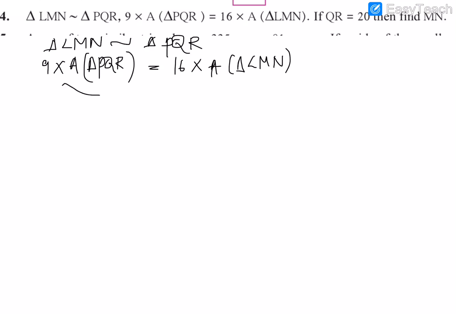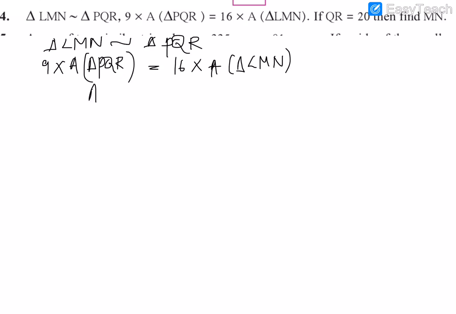Now we can cross multiply, taking the variables and the numbers to both sides. That is, we take the triangle LMN to this side and this 16 to the other side. Since it is multiplication on this side, it will become division. When we take PQR to this side, it will become divided by PQR, and when we take 16 to this side, it will become divided by 16.